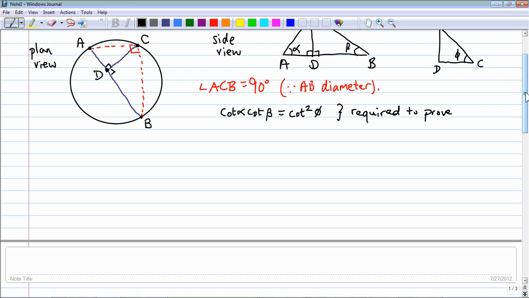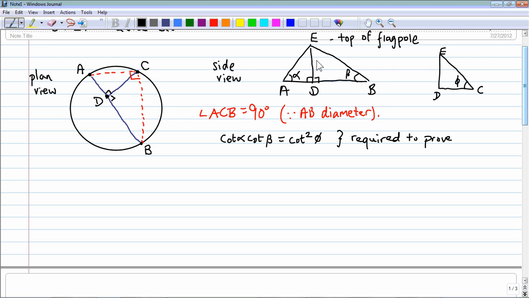Okay, how do we go about it? As I said, Pythagoras' Theorem suggests itself because of all these 90-degree angles. So how does Pythagoras' Theorem relate to these cotangents? Well, consider any one of these three triangles here, ADE, BED, and DEC. This vertical distance, we might call x, for example. That's the same, DE.